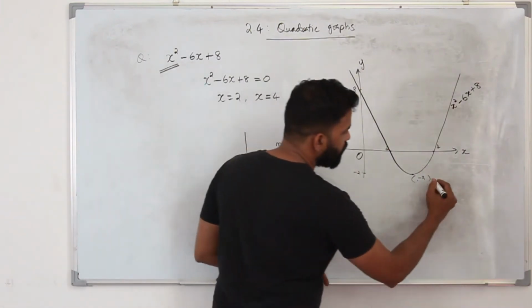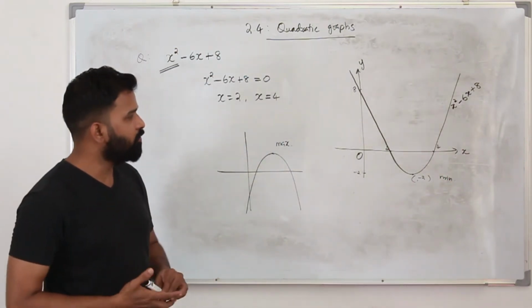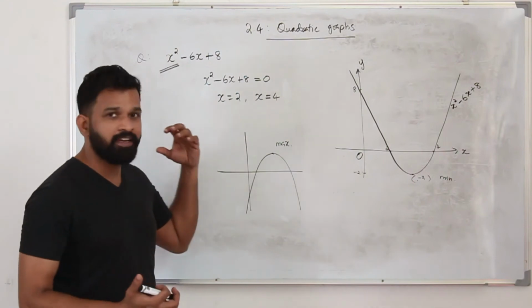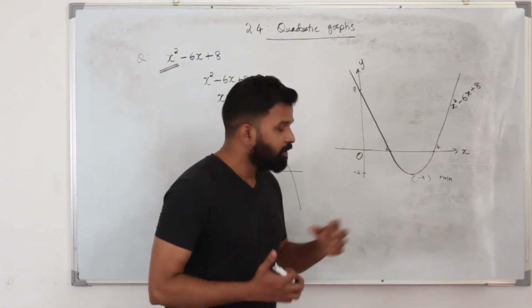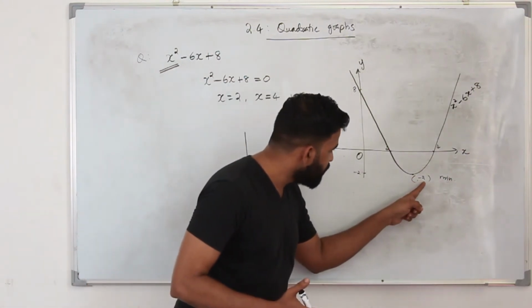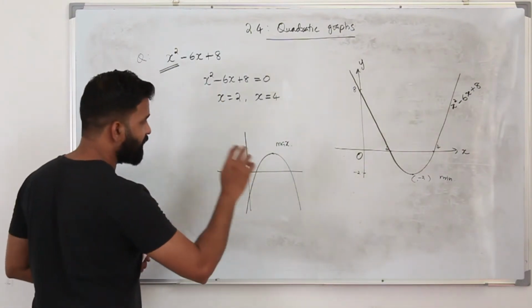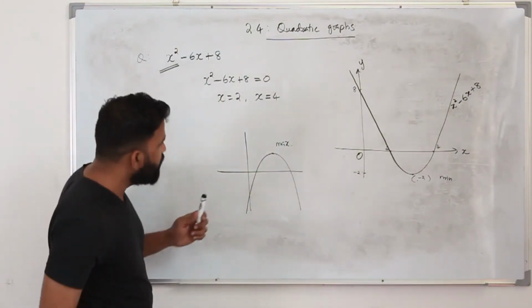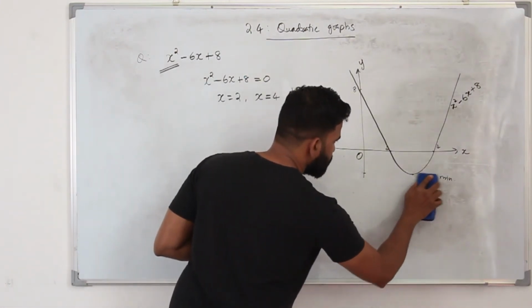For this curve, it's the minimum point. So if they ask you to find the minimum or maximum point, you need to write very clearly it's the minimum point. If they want you to find the minimum value, you write the y coordinate as the minimum value. But it's not minus 2. You need to find the y coordinate. How do we find the y coordinate?